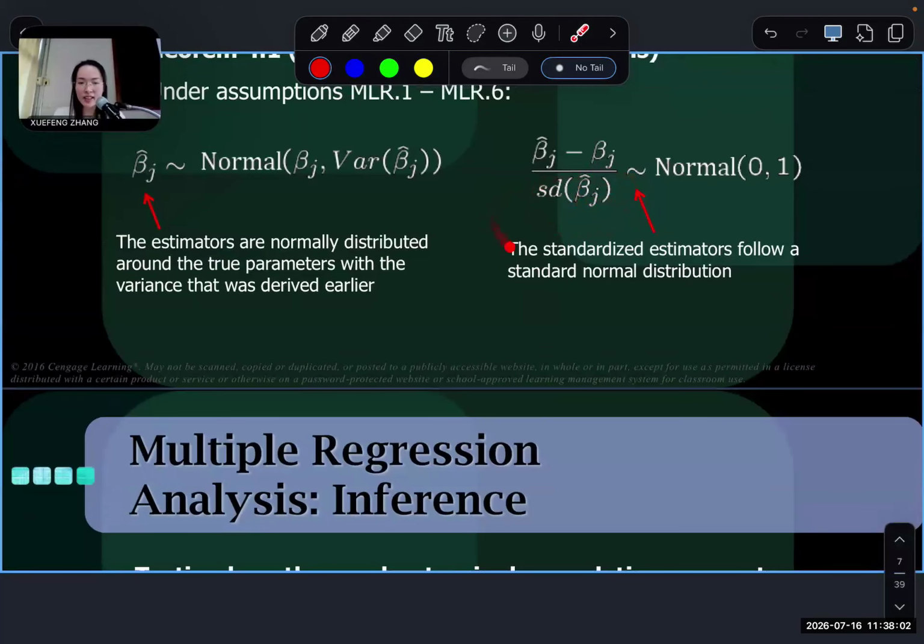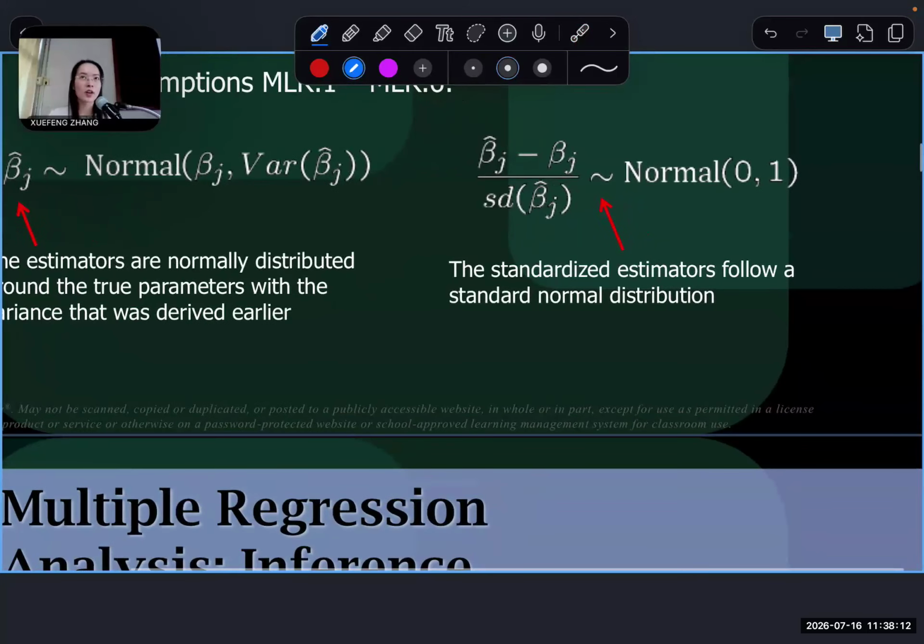In the last slide, we used the standard deviation of beta j hat, which is the true standard deviation. Be careful about the terminology, okay? Standard deviation, actually, this is the true one. The problem is, we never actually know the true one, okay?